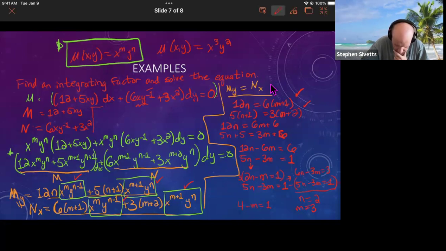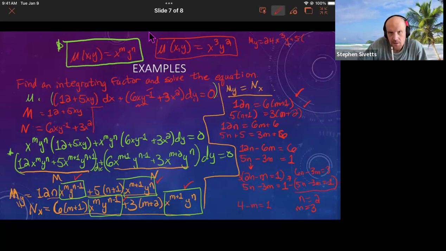And if that is true, n is 2, so that would be 12 times 2 is 24, x cubed, n is 2, so that's y squared, plus 5 times... So I'm going to double check my answer.